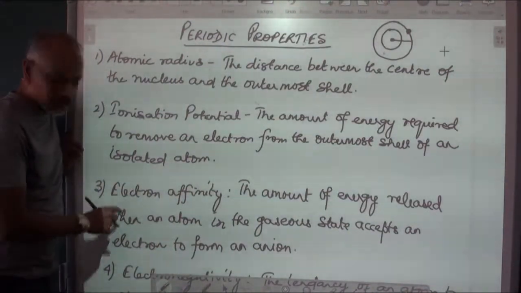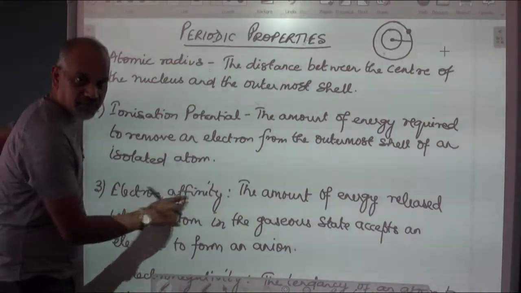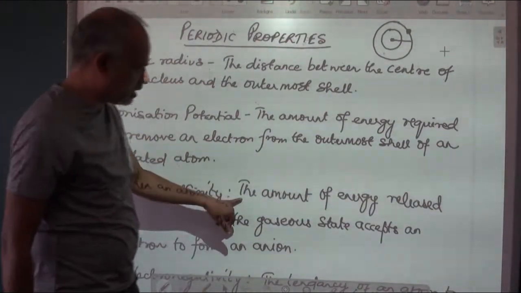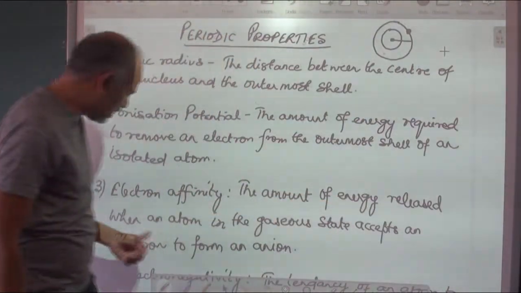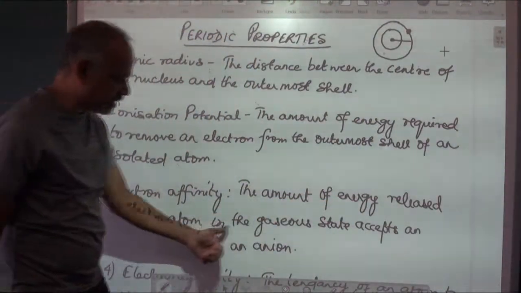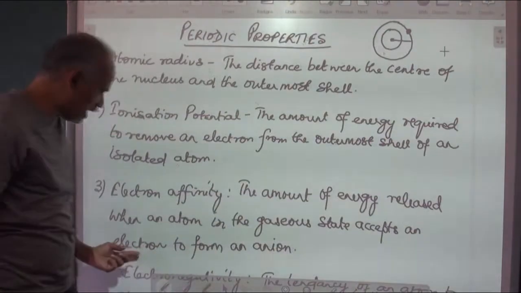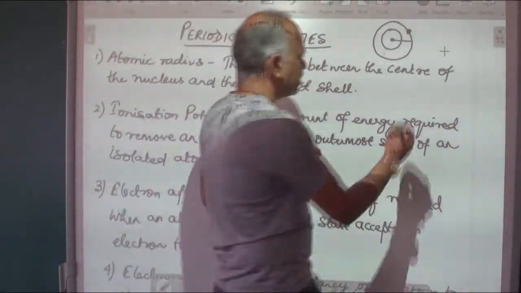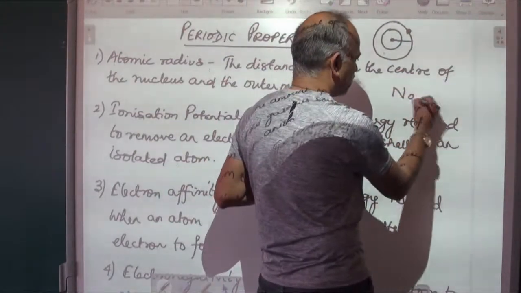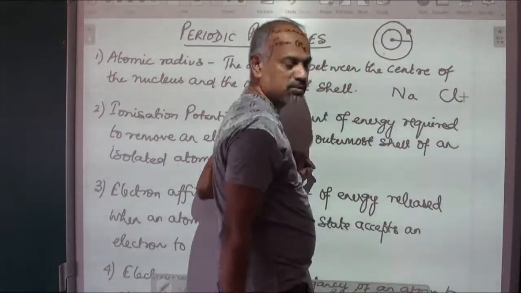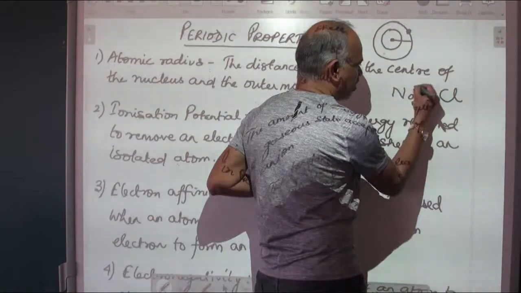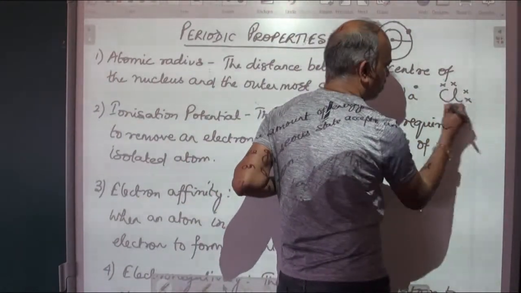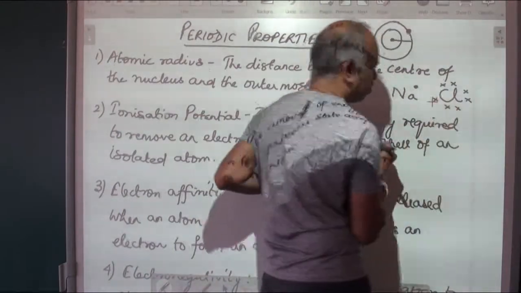The third one is called electron affinity. Electron affinity means the amount of energy released when an atom in the gaseous state accepts an electron to form an anion. Like say an atom of sodium combines with an atom of chlorine. There is one electron in sodium and there are 7 electrons in the outermost orbit in chlorine.